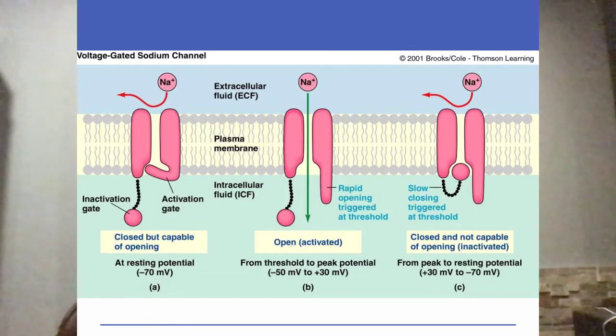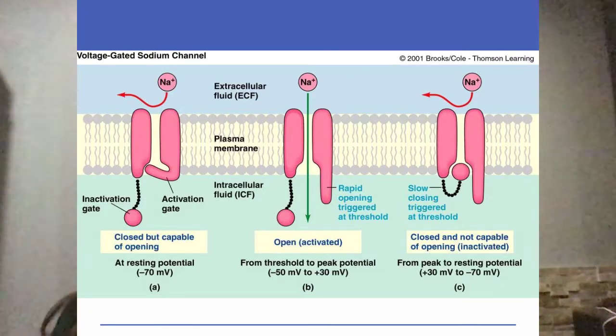So once it closes, it inactivates this voltage-gated sodium channel. Sodium can't come in anymore. And while that gate is closed, no amount of change in resting potential will open it again. It's inactivated. But again, it will slowly change its position in time. And we'll get to that part later.